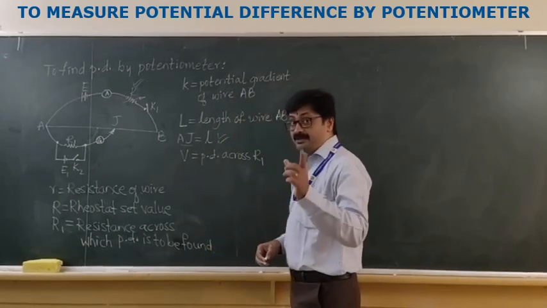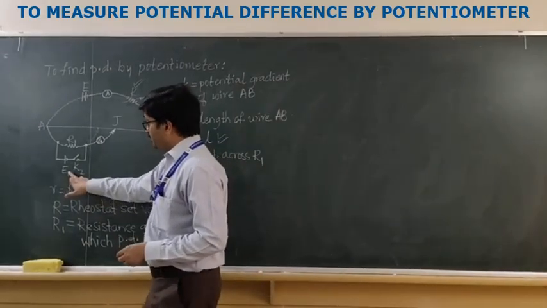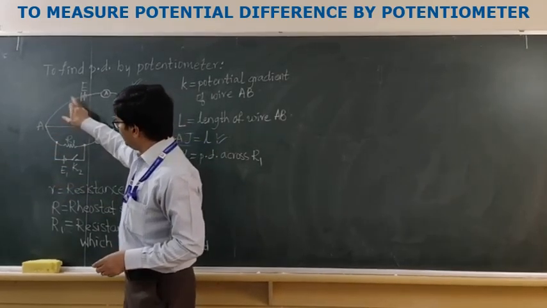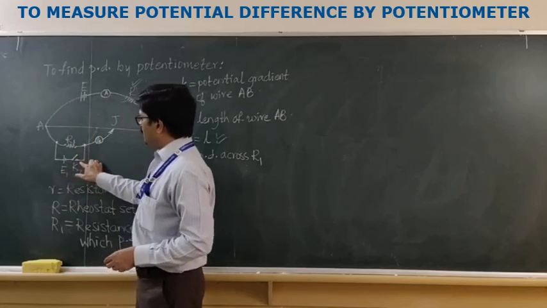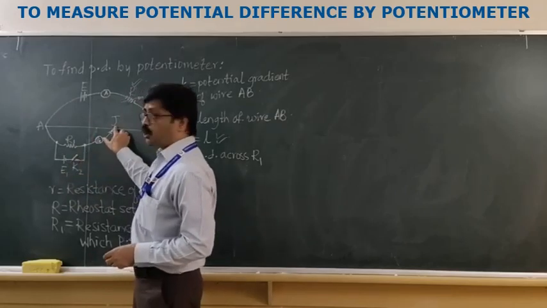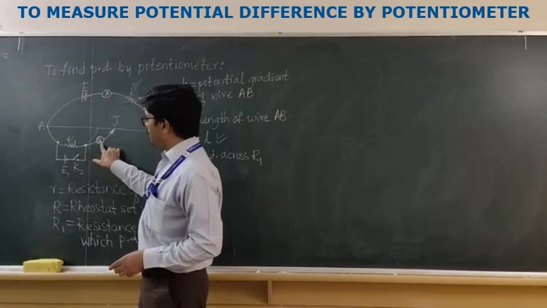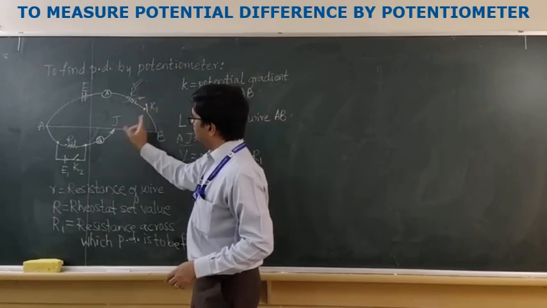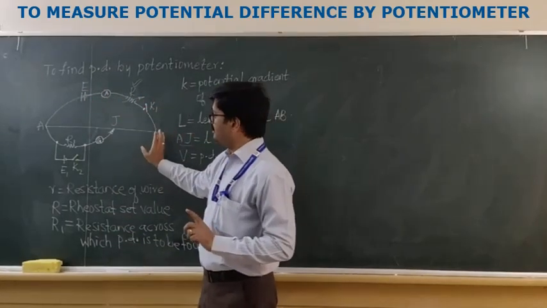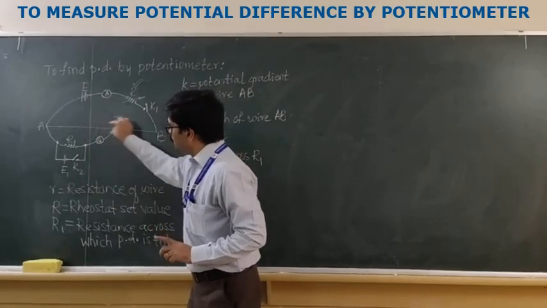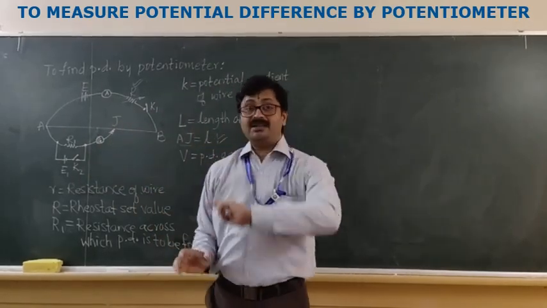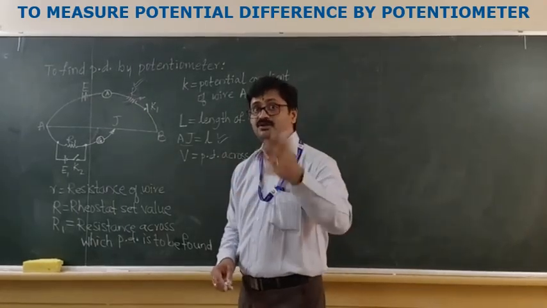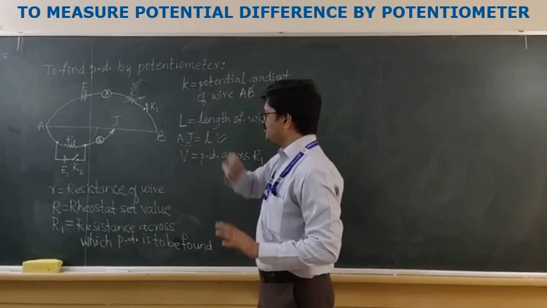Now I will just explain once again for your clarification. The E1 cell is connected to the positive terminal of the strong battery, and the negative terminal of E1 is connected to jockey J through key K2 and galvanometer G. Firstly we have to close K1, then establish a uniform current, and then close K2, move the jockey, and arrive at the balance point or null point, so that the galvanometer shows zero deflection, then mark the length as small l.